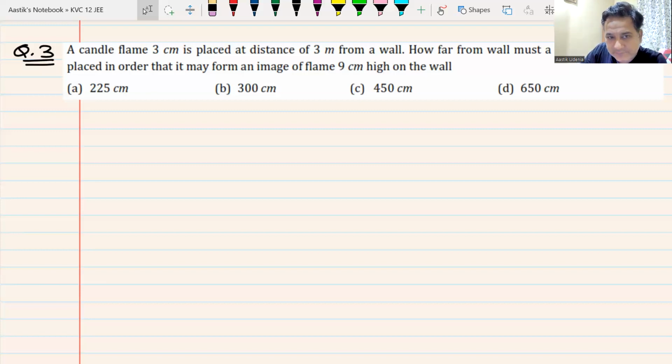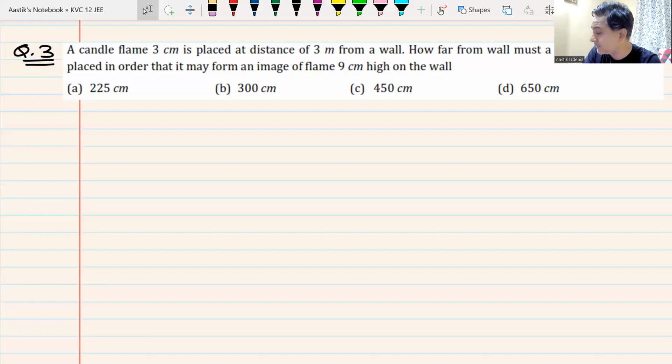Now, see, as soon as the language of the question becomes somewhat different, we get puzzled. Don't be puzzled, beta. The question is still a very simple one, and you will see that very quickly.